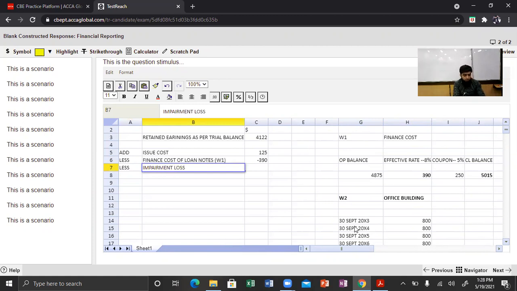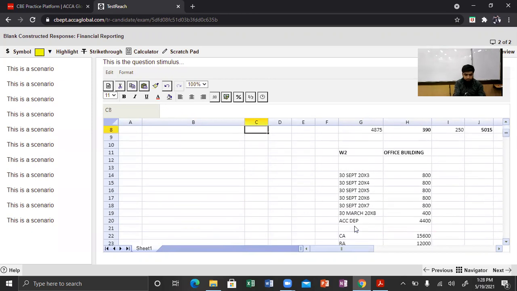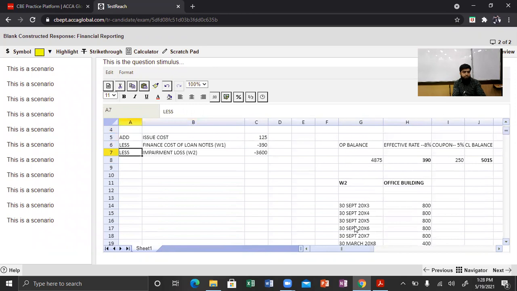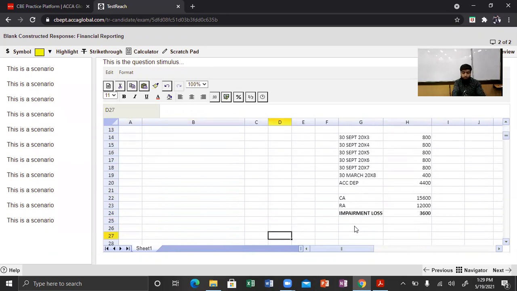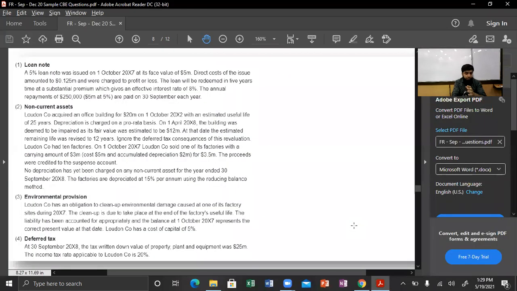So impairment loss, refer to the working, minus 3,600, that will reduce the balance of retained earnings. But one more adjustment is required for the year ended. That was the office building, and we just recorded the impairment of the office building.